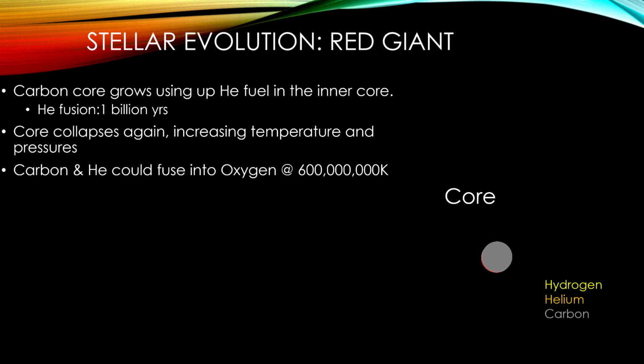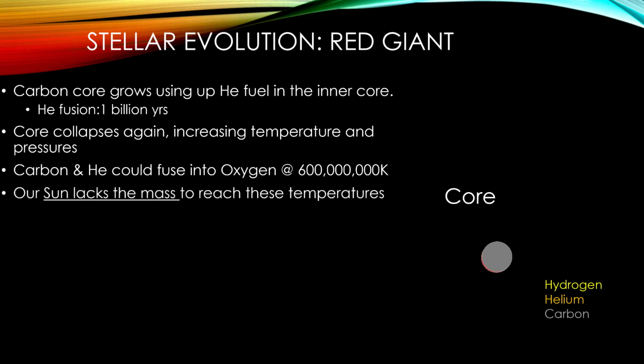And if you could get the core to 600 million degrees Kelvin, that carbon could burn into oxygen by combining with another helium, and so on across the periodic table. But our sun will not reach that temperature because it lacks the sufficient amount of mass to crush the core to these extreme temperatures.